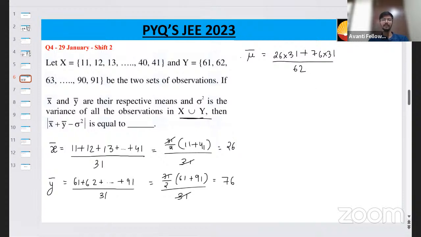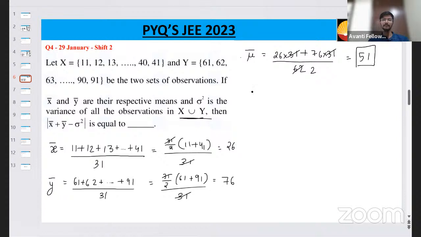Both are 31 elements, so we can cancel out 31 and finally we'll get 26 plus 76, which is 102 by 2, which is 51. So we got the combined mean.